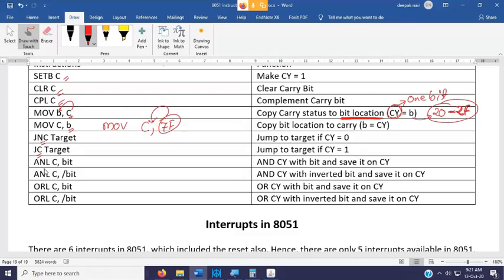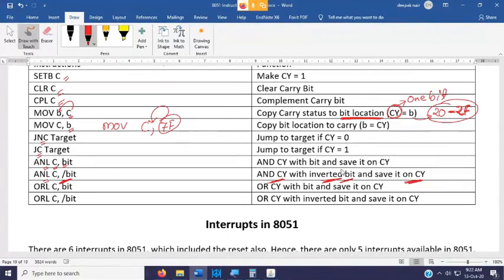And then AND the carry bit with the particular bit in the location, and then AND carry with slash bit, and this is important. I have not used this command in the simulator, but it is important. So AND the carry with the inverted bit. If the bit is 0 in the memory location, invert it first and then AND it, and save it on the carry bit itself.